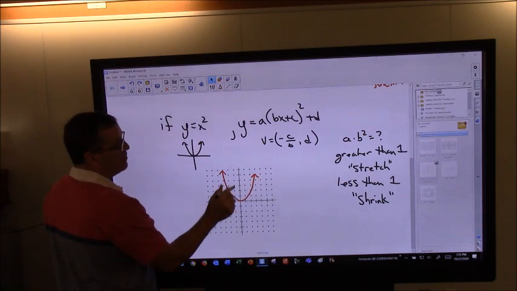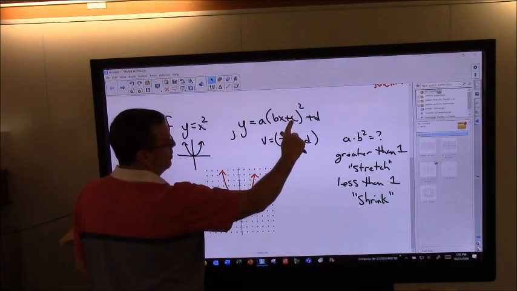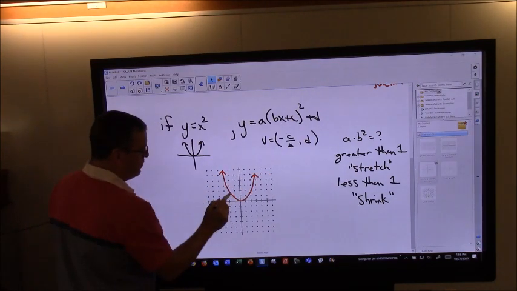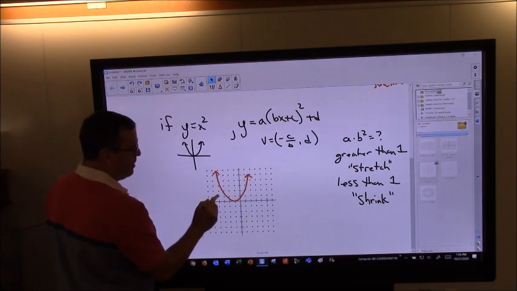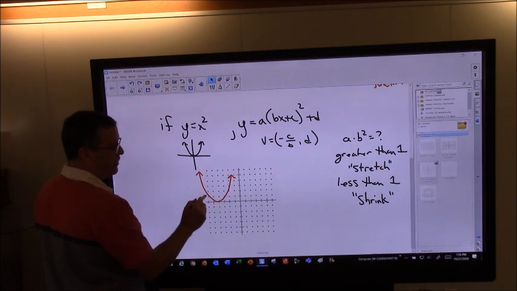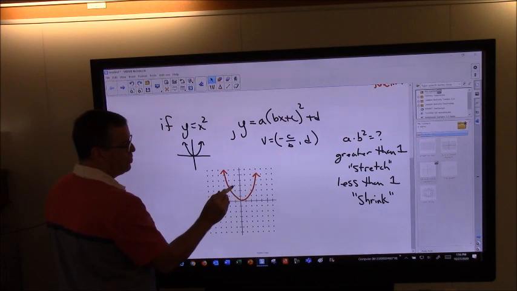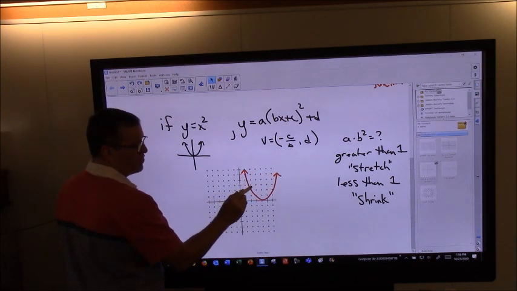Now likewise, whatever your c value here is, we always do the opposite of that. So if c is a positive number, we're shifting this parabola in the negative direction. If c is a negative number, then we're shifting it in the positive direction.